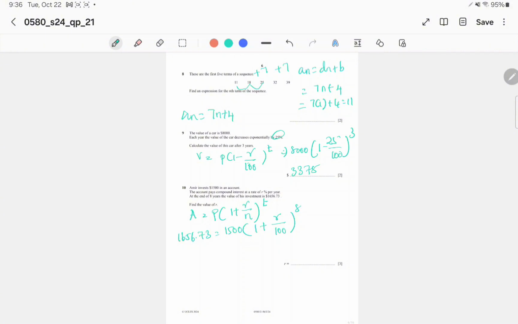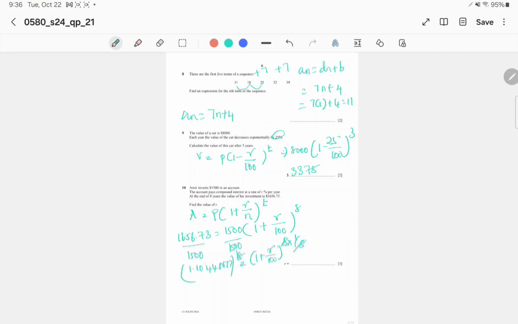With this in calculation, here we will divide. So 1656, here also we will divide by 1500, here by 1500. So this is around 1.10448677 is equal to (1 plus R by 100) whole power 8. Now taking the 8th root, here you will take 1 by 8 power on both sides.